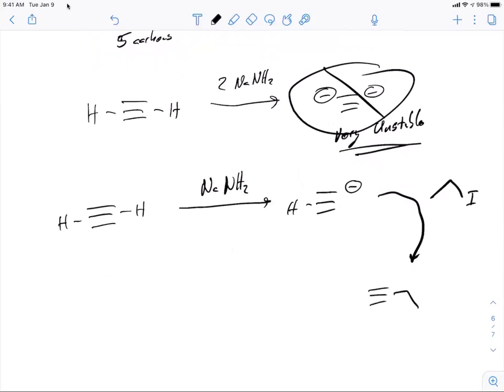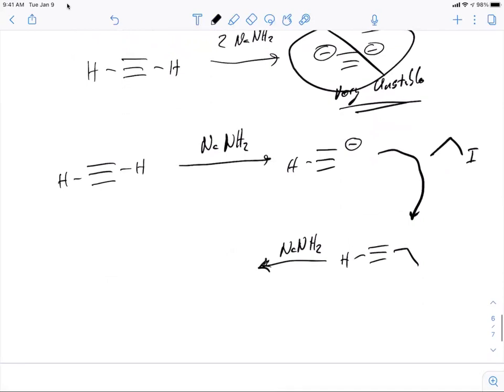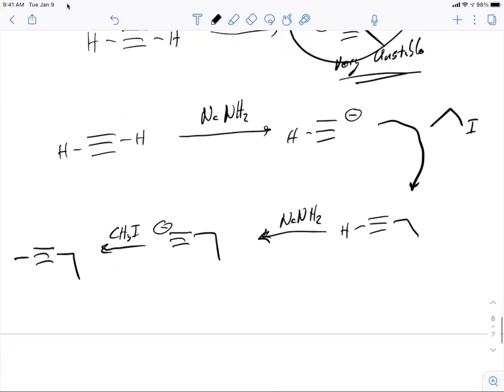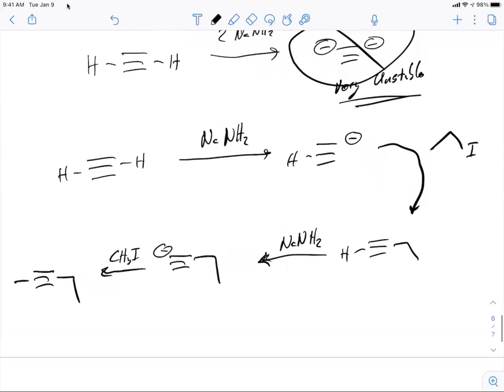And then that gives us this side. And then we add another equivalent. So step 3 here gives us the anion. And then we add our other electrophile to get us to the final product. Okay, questions about this one?